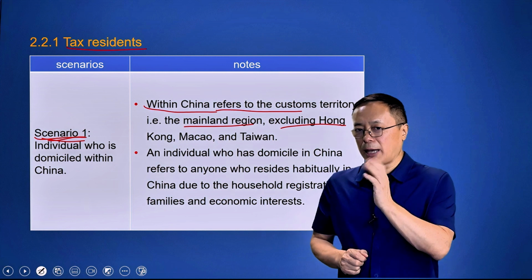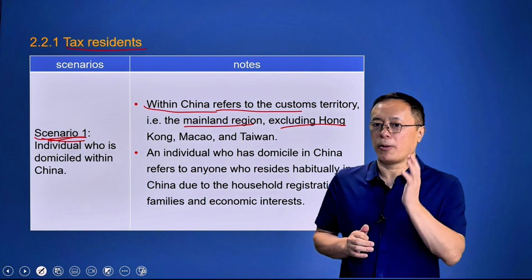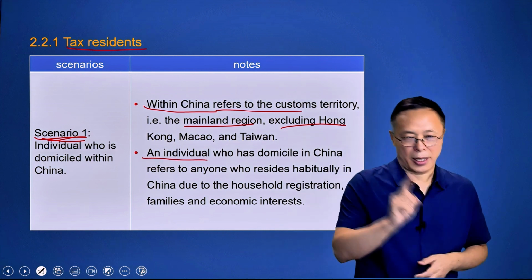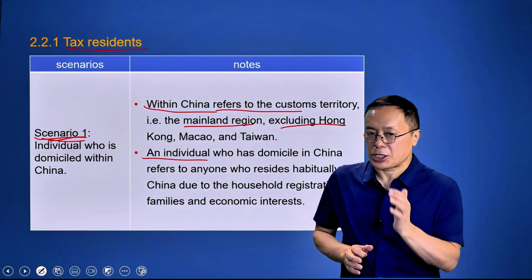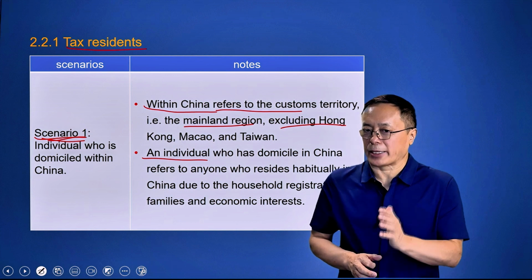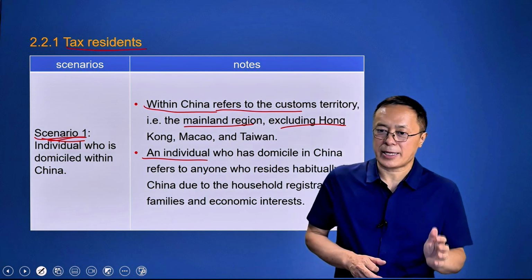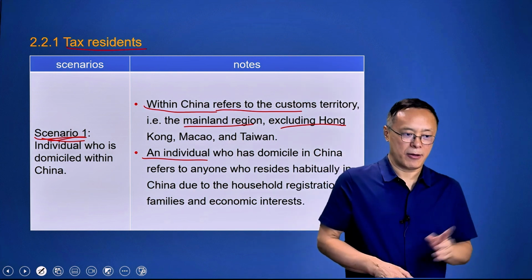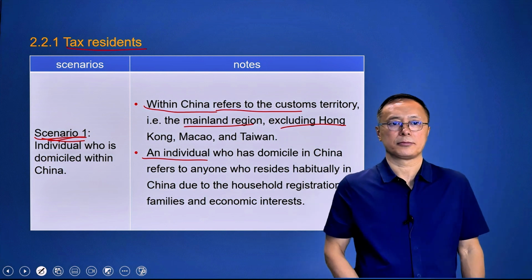So within China is not the concept of within the border, it's just the concept of customs territory. And number two, an individual who has domicile in China refers to anyone who resides habitually in China due to their household registration, families, and economic interests. This is the first scenario.